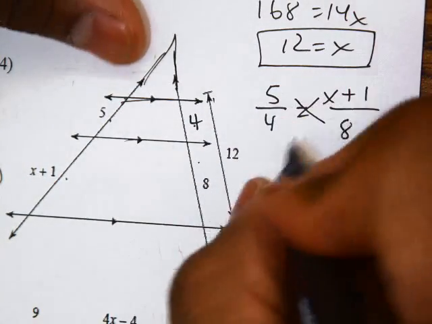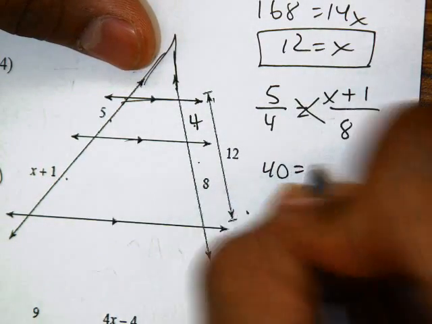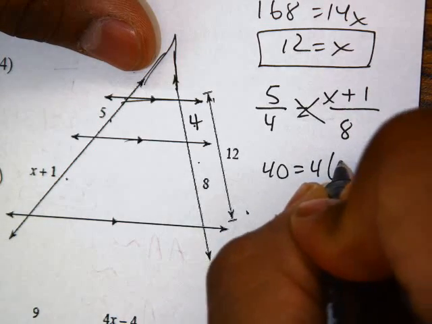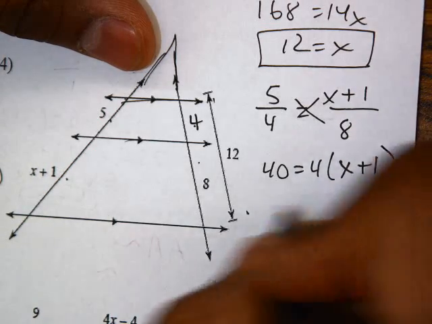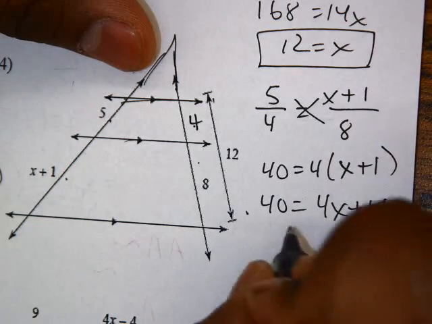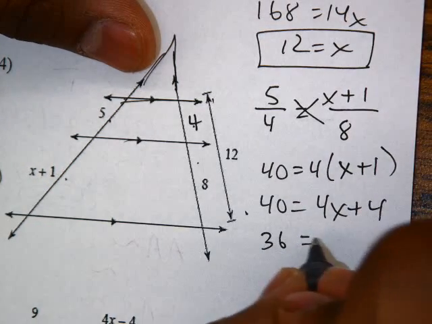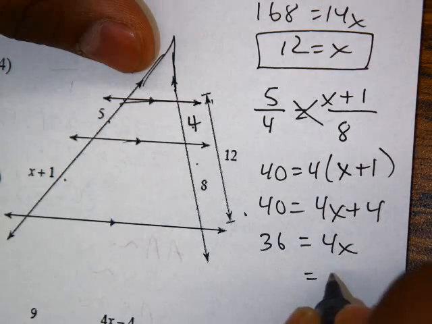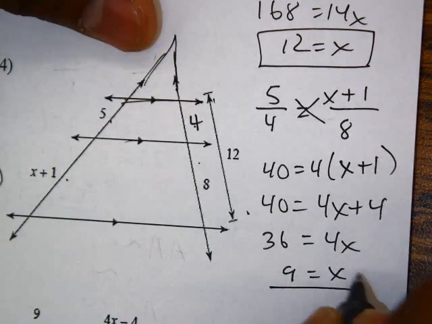Cross multiply, 5 and 8 makes 40 equals 4 times x plus 1. Distribute. Subtract 4. And x is equal to 9.